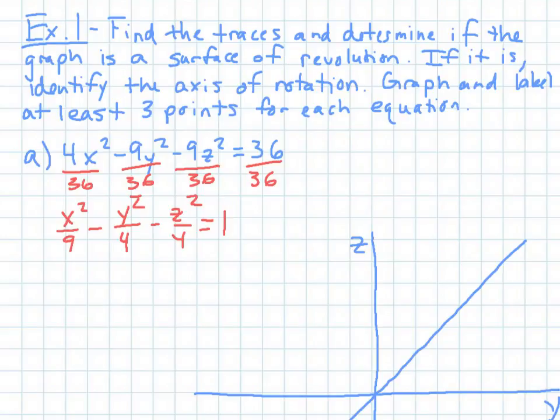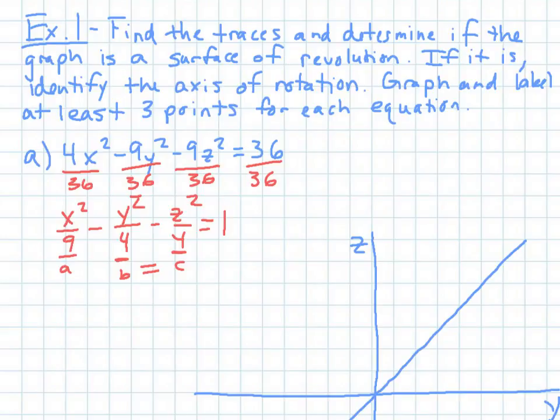And now also, if B and C are equal, which B and C are both 4, therefore they're both -4, or +4, however you look at it. That means that this is a surface of revolution.